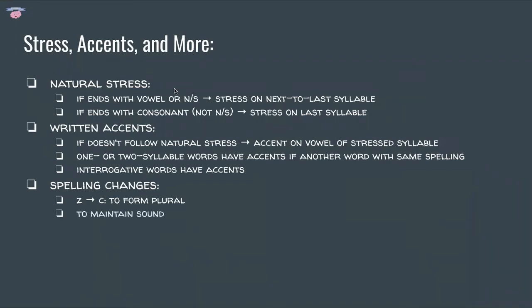Other spelling changes are to maintain sound. We'll talk about this later in another lesson, but buscar is a verb that means to look for. And when it's conjugated in a certain tense, it becomes busque.